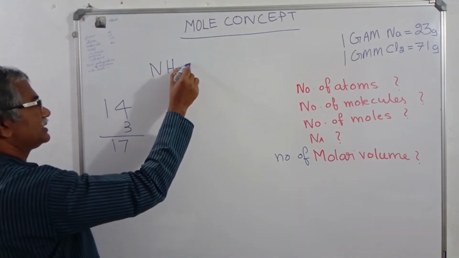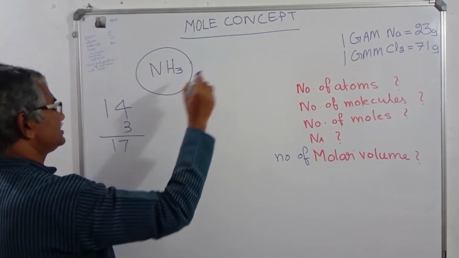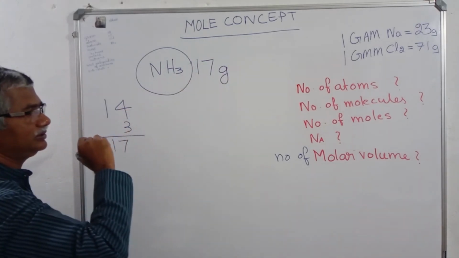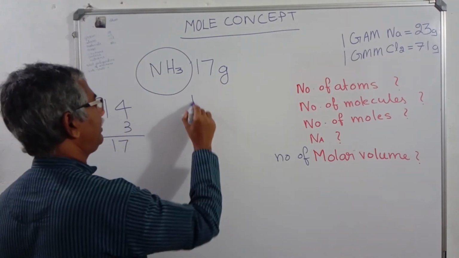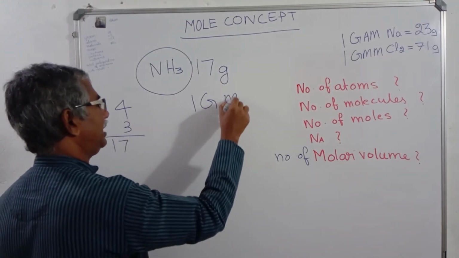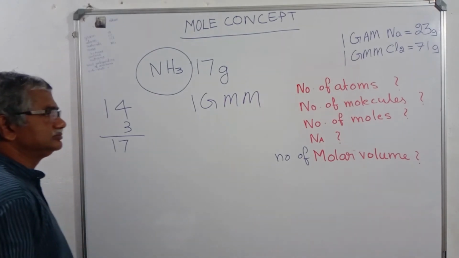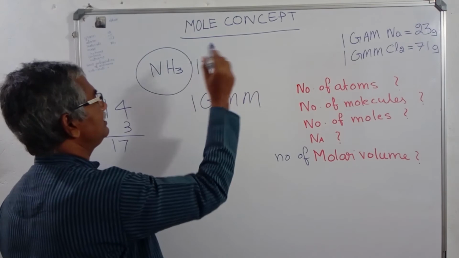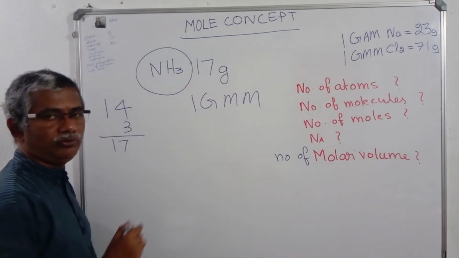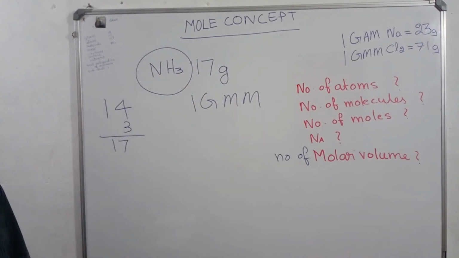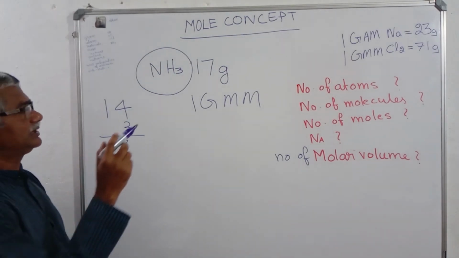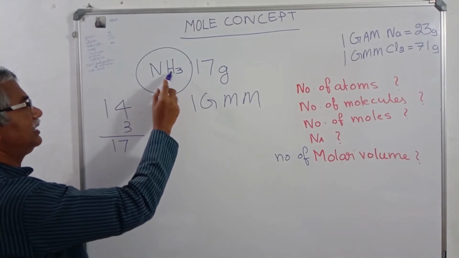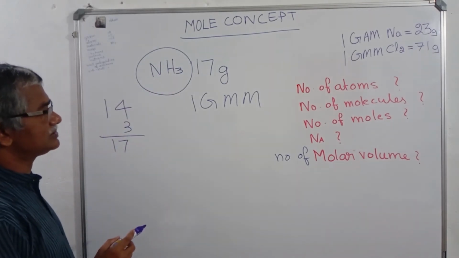So consider 17 gram ammonia, which will be 1 GMM. So how many atoms can be with 17 grams of ammonia? Can you calculate it? There are 4 atoms, 1 nitrogen and 3 hydrogens.